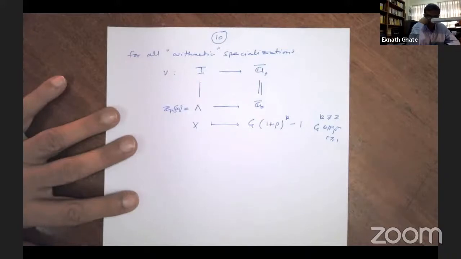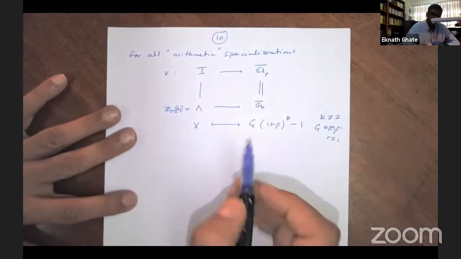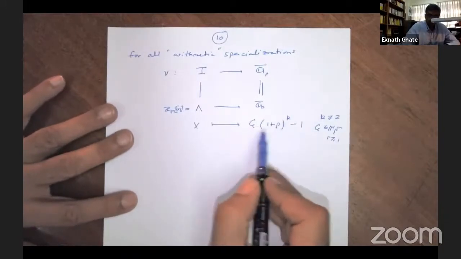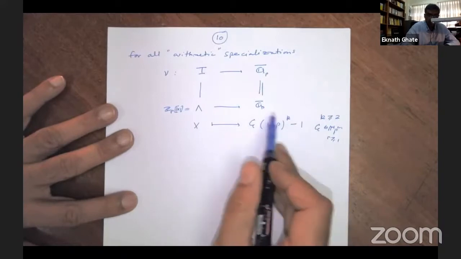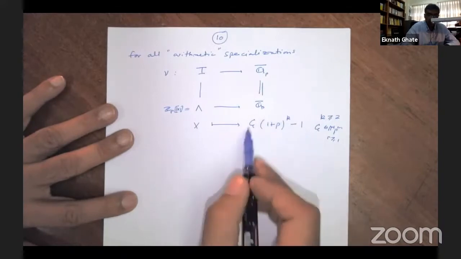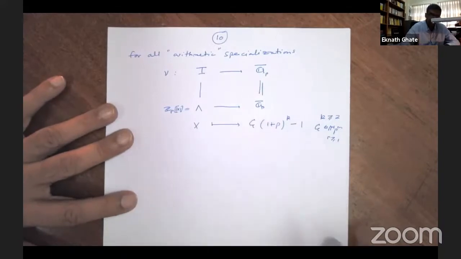The p power roots of unity cut out totally ramified extensions. The residue fields are the same as F_p, and they just map to 1. They're trivial. So when you multiply this 1 plus p to the k by zeta, you still get a number which is congruent to 1 mod p. It doesn't change the congruence class. And when you subtract 1, it's still divisible by p. So this will still converge.